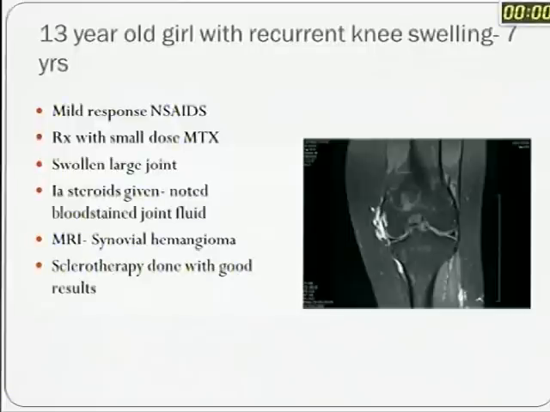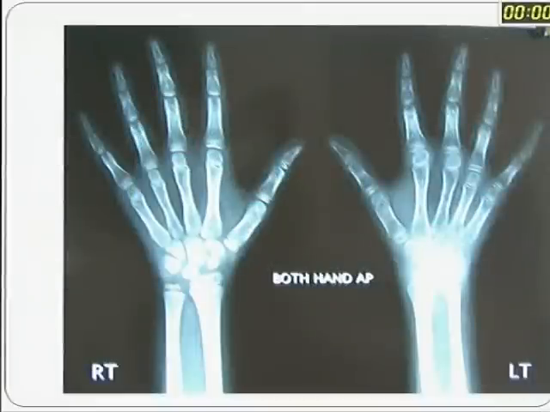That makes you think of alternative reasons. So when she presented back with a relapse, we did an MRI. She has a lot of extra vessels, as you can see, the synovial hemangioma, and she's managed with sclerotherapy.